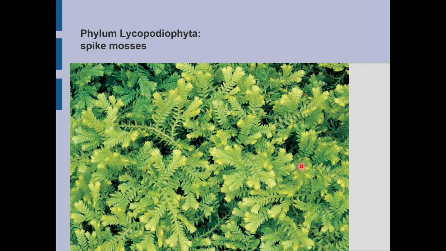And these lycophyte spike mosses have long rhizomes and typically branch dichotomously. So that is branching like the whisk ferns. Their roots are produced at branching along the length of the stems, and the roots also branch dichotomously.